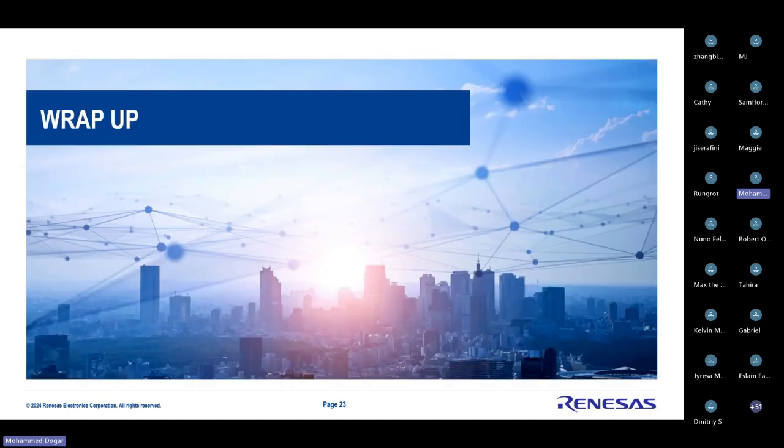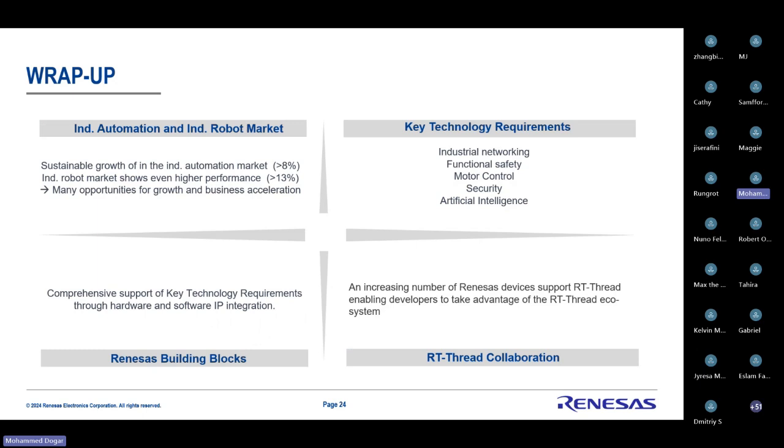Across many applications. And finally, I just want to come to the end of my presentation. I think what I've been able to hopefully illustrate is that the next evolution of industrial automation is coming our way. There is a lot of potential across a whole host of applications. We're seeing a very healthy CAGR, the growth rates in the automation market, but more importantly in the robotics market, right?